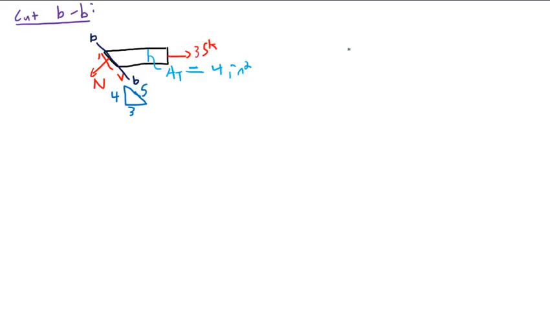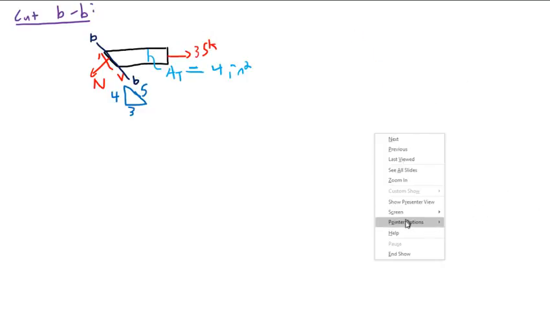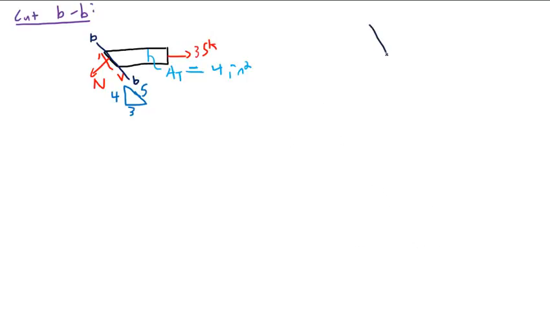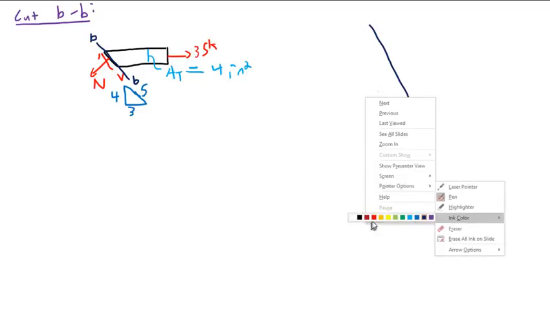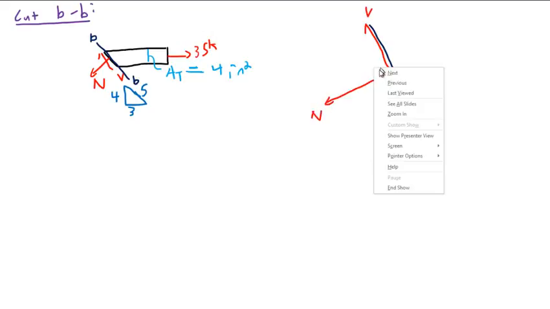So let me expand upon this and say that this cut, BB, let me put it over here a little more actually. So this cut here is like this. And along this cut, we're going to have both the shear and the moment. So we have V and N. And this is at a right angle here.